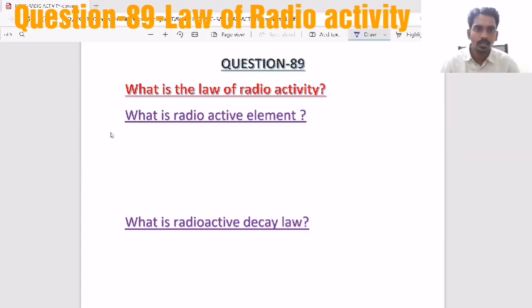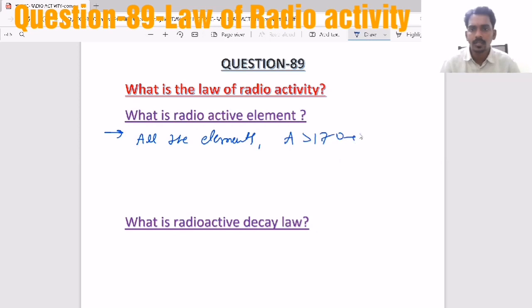Now we are going to discuss question number 89 regarding radioactivity, the law of radioactivity. All the elements with mass number greater than 170 are unstable, and those we call radioactive elements.